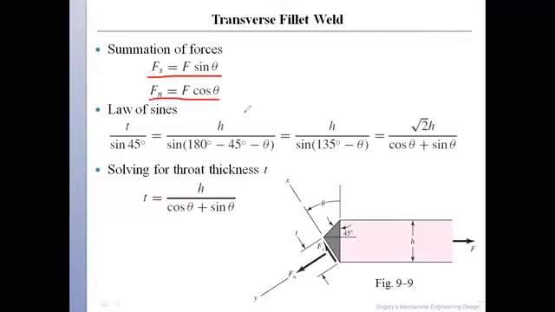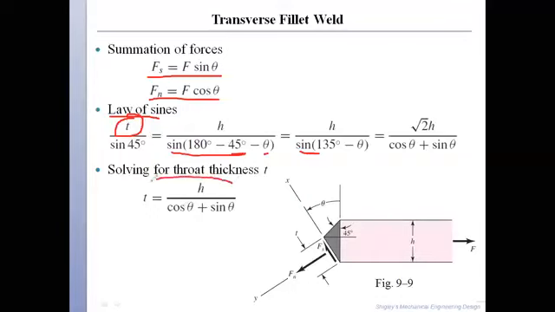Now, looking over here, I can also calculate this thickness T using the law of sines: T over sine of 45 equals H over sine of (180 minus 45 minus theta), which is H over sine of (135 minus theta).